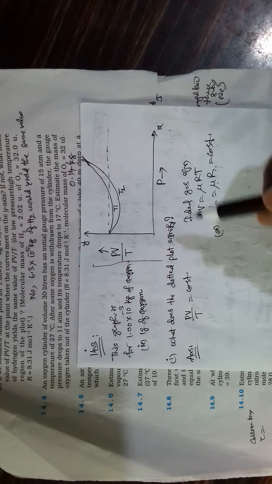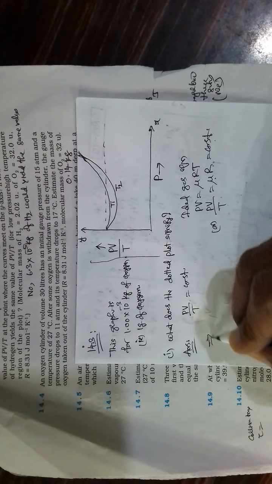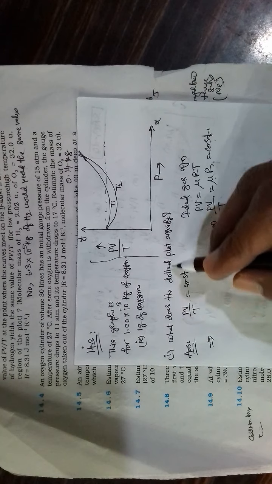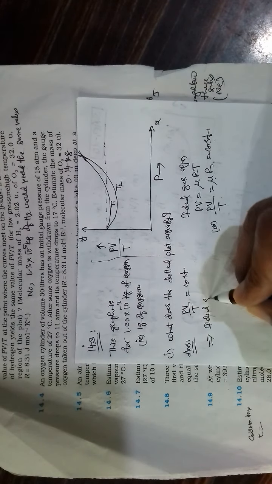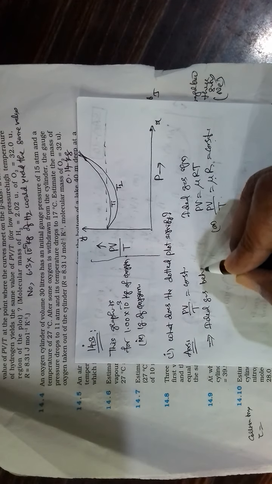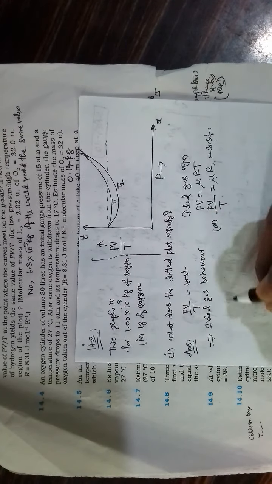So we can say the gas obeys the ideal gas equation, or the dotted plot signifies ideal gas behavior.